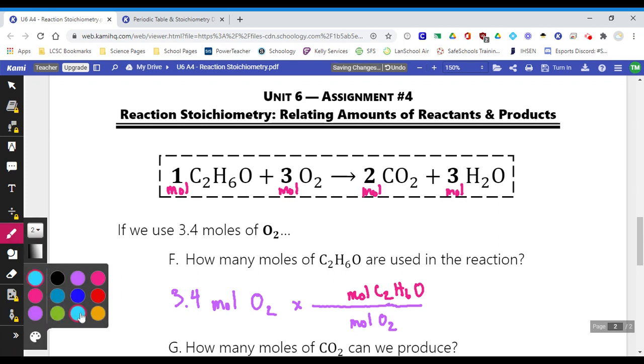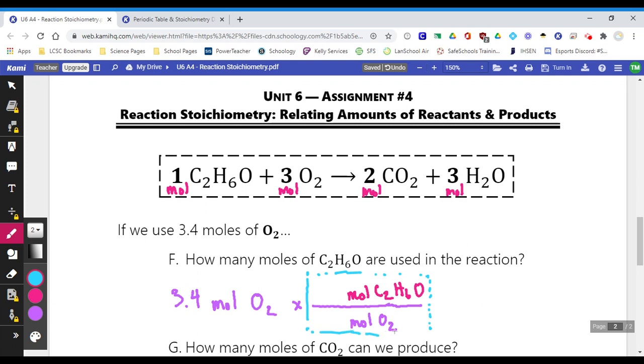Okay, so this conversion factor, this fraction bar here, is my mole to mole ratio. In order to figure out that ratio, I'm using the balanced equation up here.